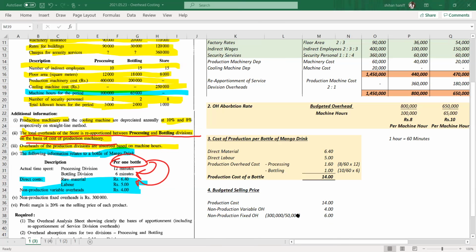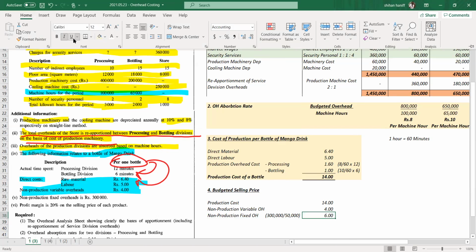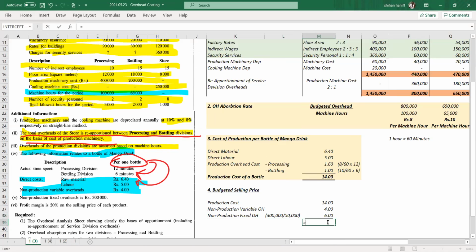So the total production cost. Addition of production cost plus non-production overheads, variable and fixed, and the answer is the total cost.